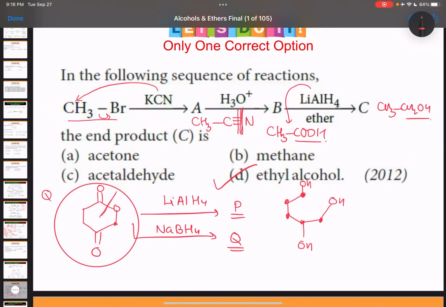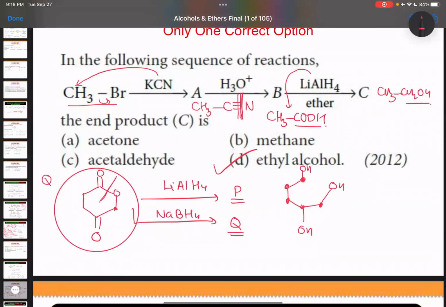Then NaBH4, what will you get? This is the structure of P. NaBH4 is very selective, so this is ketone, but that one is ester. Clear or not? So the ketone will get reduced. This is lactone.